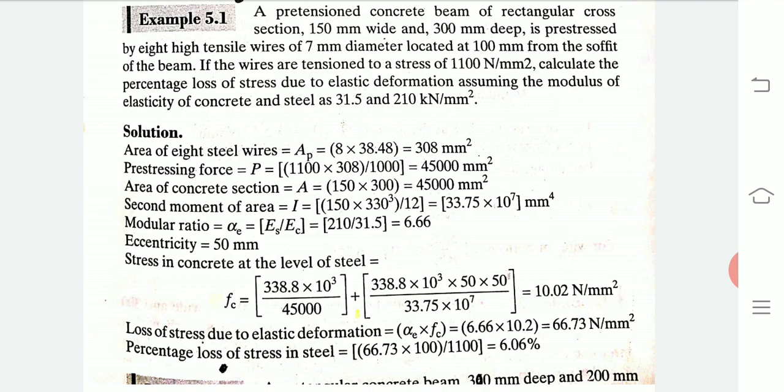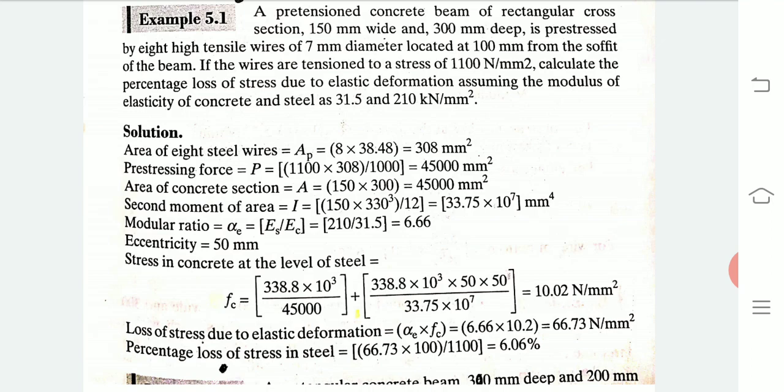The notation for it can be simple small m or alpha e; any notation you can use. It is the ratio of modulus of elasticity of steel to concrete, which is 210 divided by 31.5, which comes out to be 6.66.